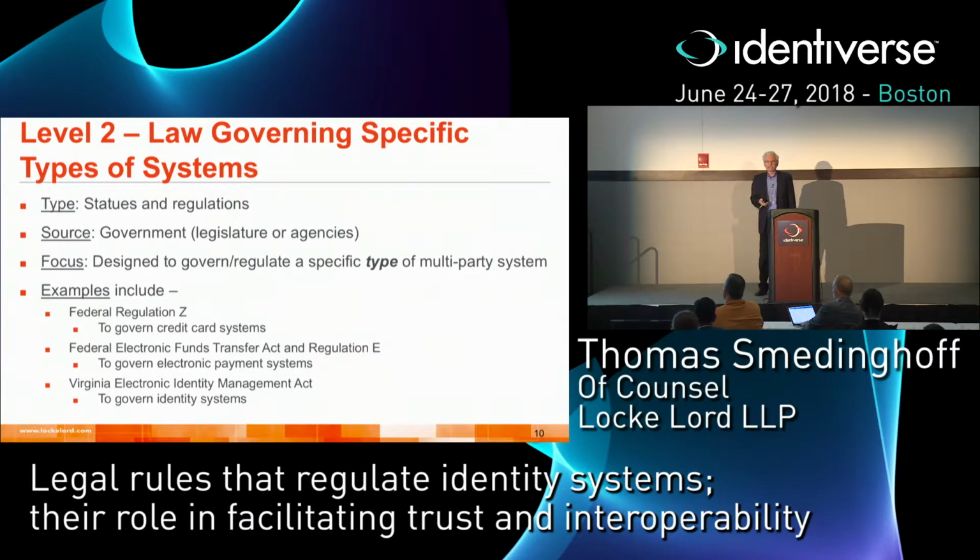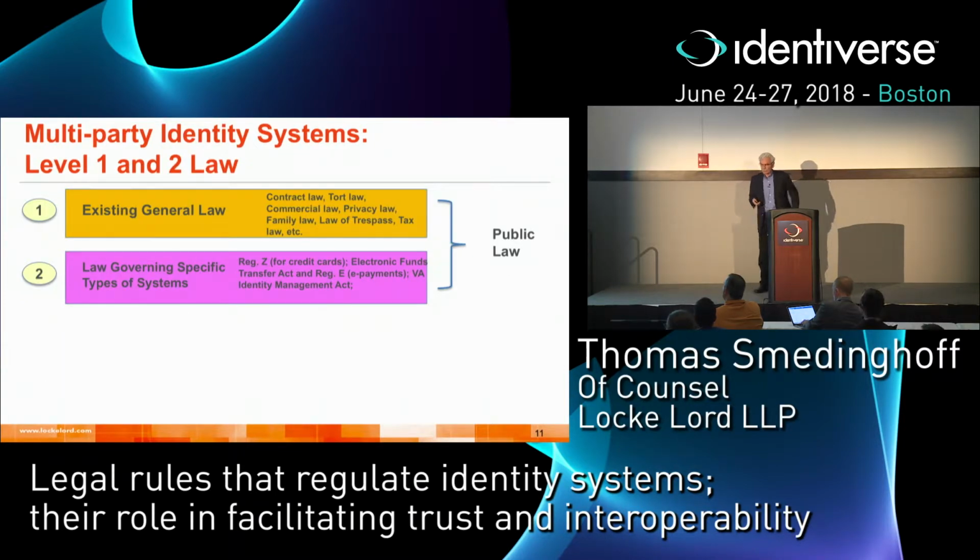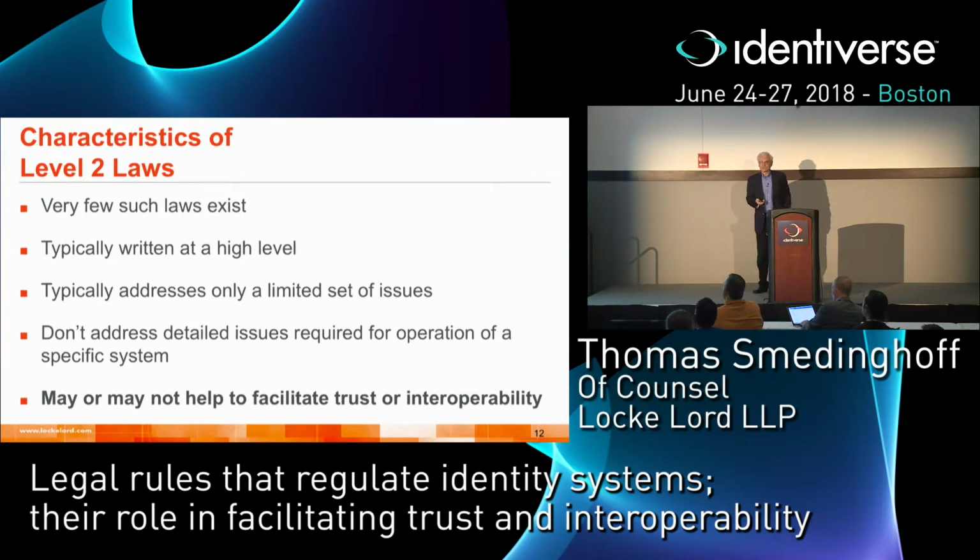We see the same thing in the payment arena, and we're starting to see the same thing with respect to identity systems. If we look at my diagram here, this is level 2, which we've added to the diagram. Again, it's public law. It comes from governments at some level in some way, and it's a variety of things related to identity systems. Now, the level 2 law, as I said, is new.